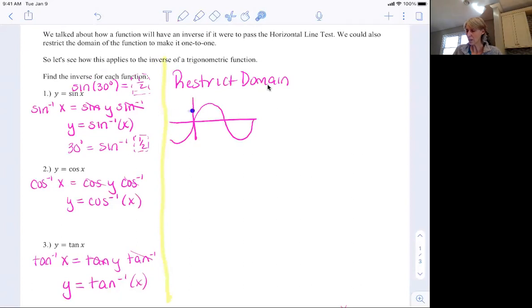It does not pass the horizontal line test. So what mathematicians did, and this just has to be memorized, they said, well, if we only look at this section, we're going to get all the answers we need from -pi/2 to pi/2. In other words, in quadrant 4 and quadrant 1, negative to positive, and we get the full range of answers.